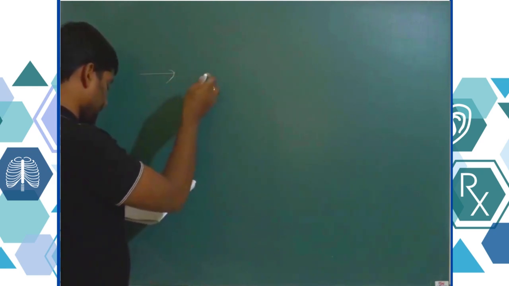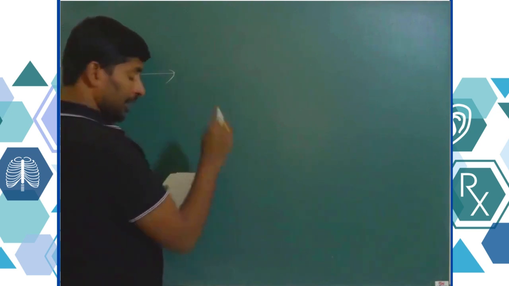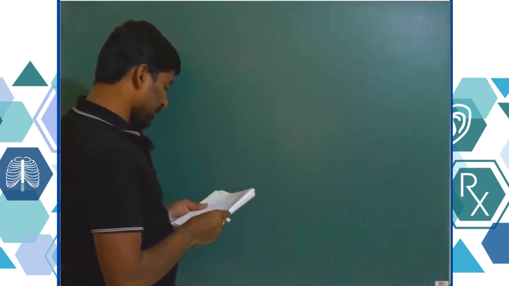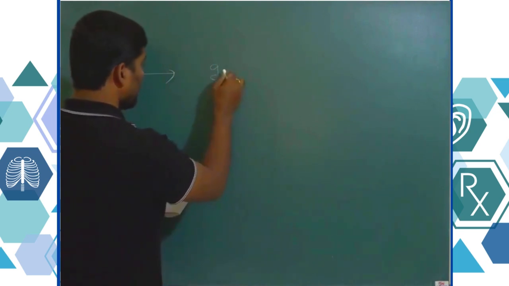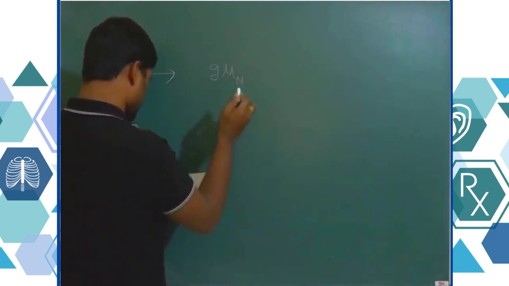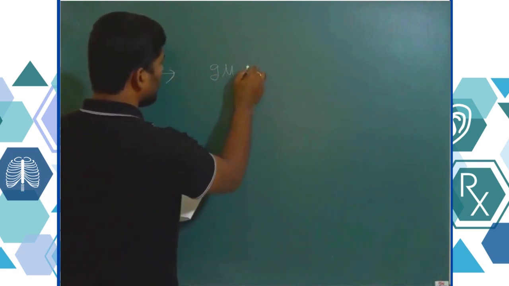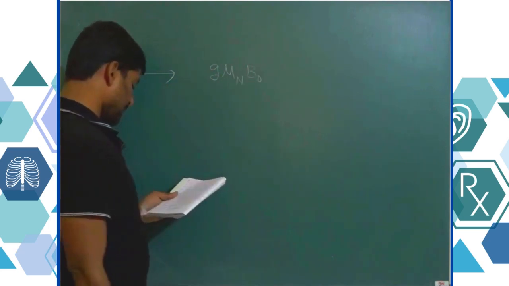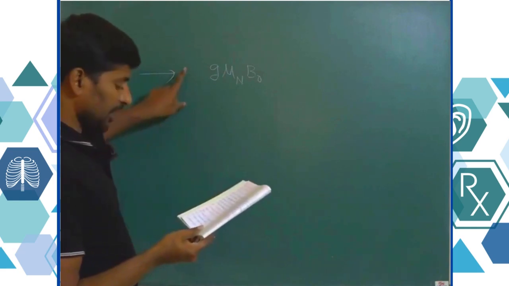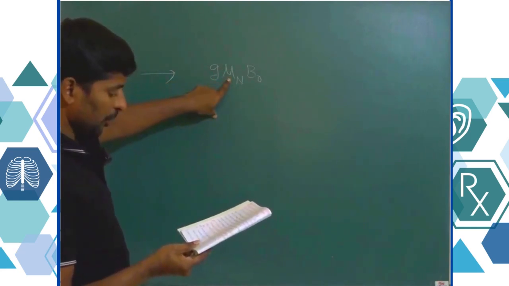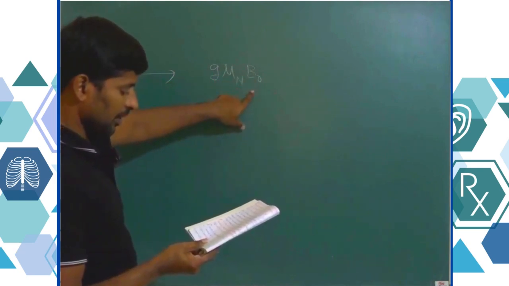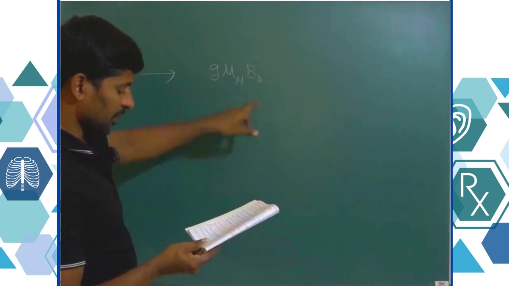This question is given in NMR spectroscopy: the product of the nuclear g factor g, nuclear magneton mu n, and the magnetic field strength B0 gives the?